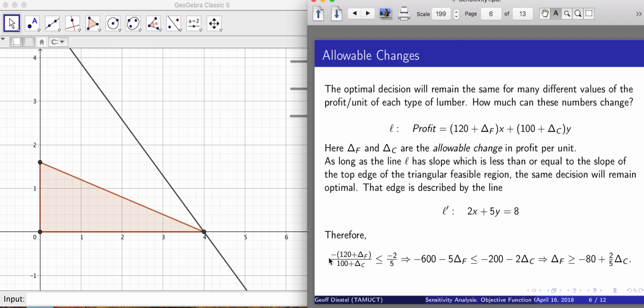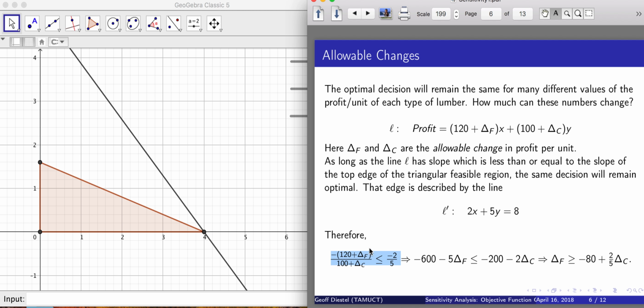So the slope of our generalized objective function, we need it to be less than or equal to negative 2/5. As long as that occurs, we will make the same decision, being choosing 4,000 board feet of finished grade lumber to produce and 0 board feet of the construction grade lumber to produce.